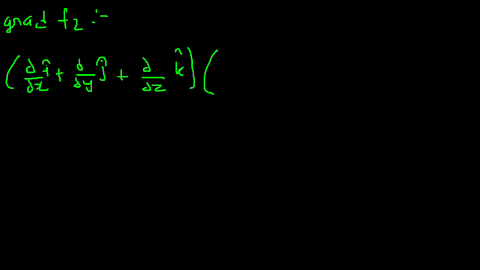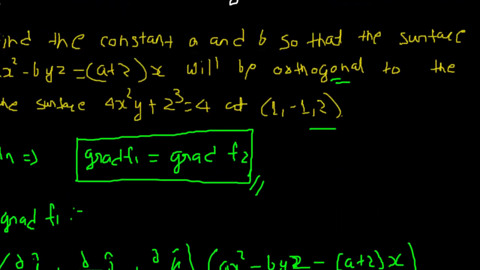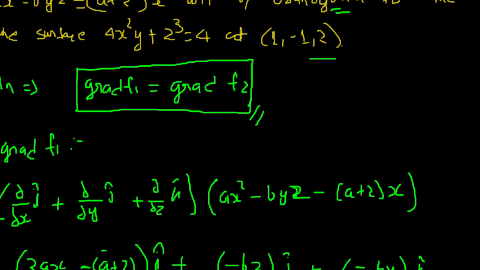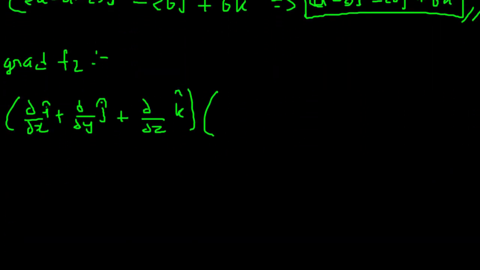We're going to apply this to f2, which is 4x square y plus z cube minus 4. It's the same thing which you do. I know I don't have to tell you how to solve this, but it's my job to tell you, so I'm going to tell you anyway.